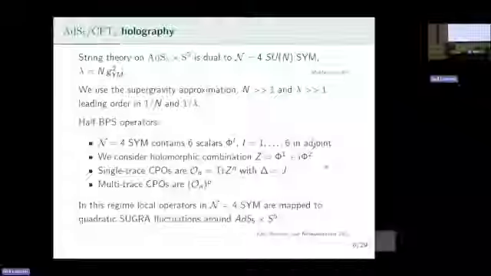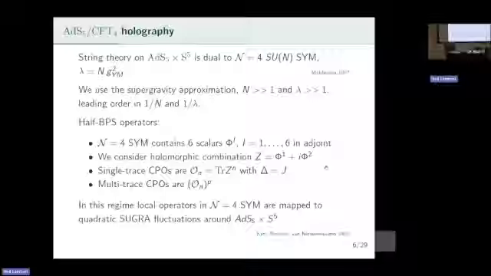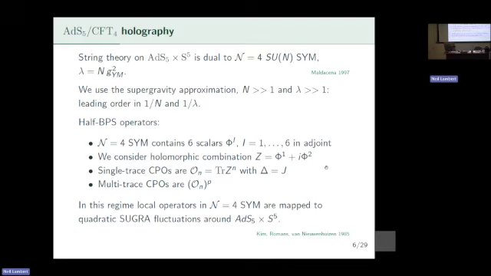What's remarkable is that these single-trace CPOs are in one-to-one correspondence with the supergravity fluctuations, which were studied and classified a long time before the discovery of holography, 40 years ago, by Kim, Romans and van Nieuwenhuizen, who classified all the fluctuations of supergravity fields on top of AdS5 times S5.